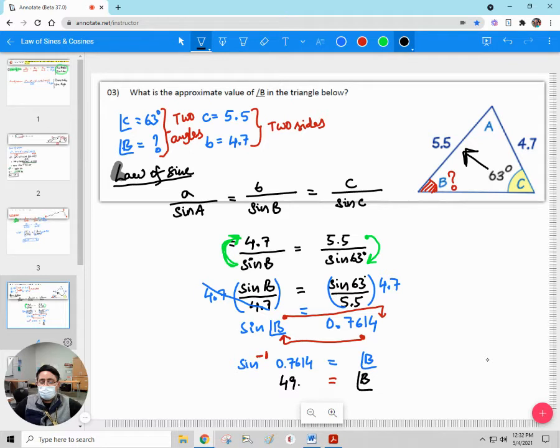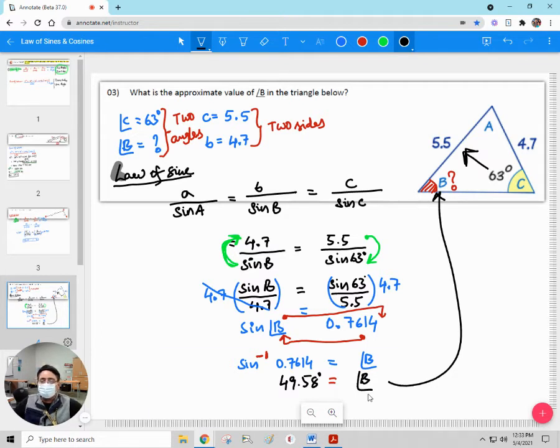So that's the value of angle B. Right? Now, any questions? If you have any questions, please type in the comments box, please.